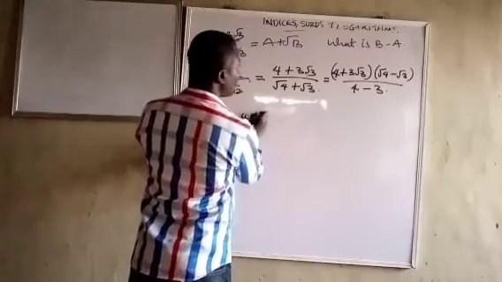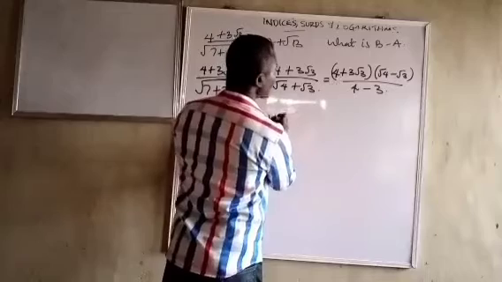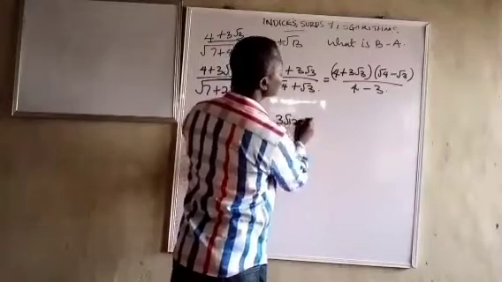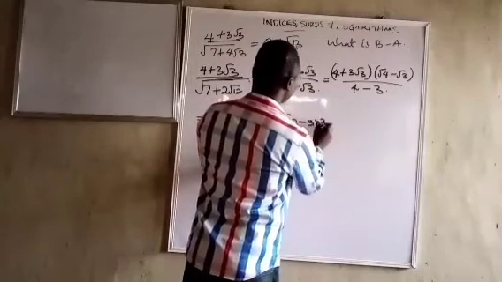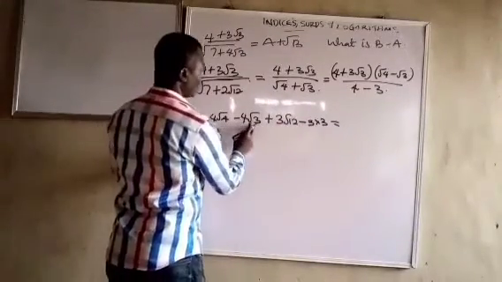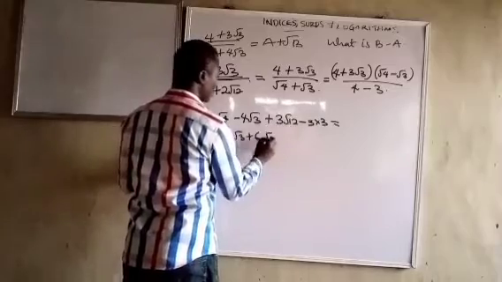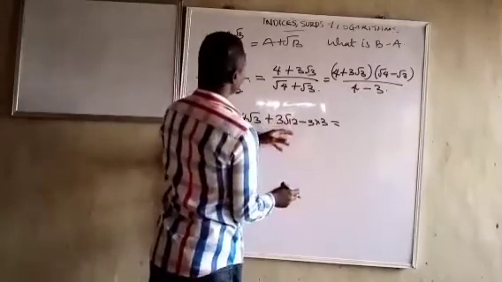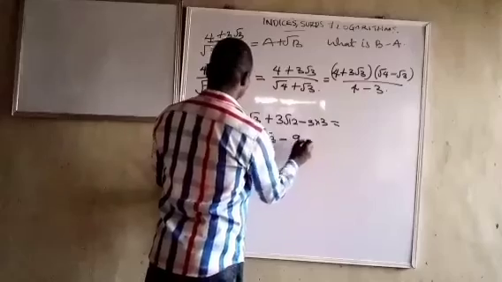So 8, minus 4 root 3, plus 3 root 12, minus 3 times 3. And that gives us, this one is 8, 4 root 3 minus 4 root 3, and this one is plus 6 root 3, and this one is minus 9.